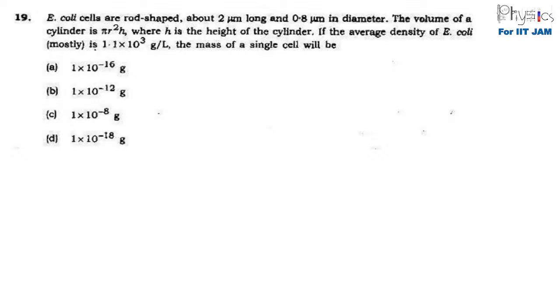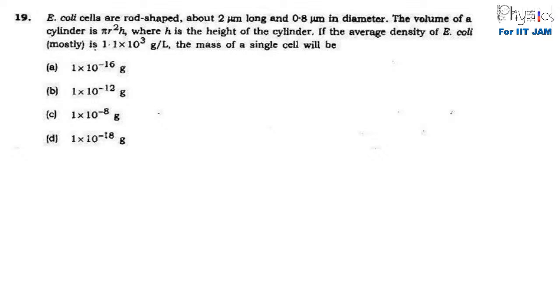E. coli cells are rod-shaped, about 2 micrometer long and 0.8 micrometer in diameter. The volume of a cylinder is pi r square h, where h is the height of the cylinder.